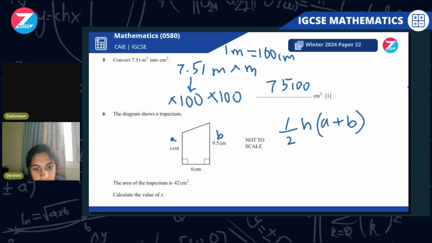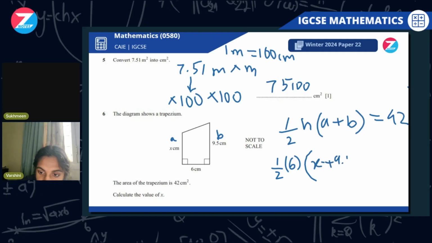We also know over here that the height is 6. So all we have to do is find the value of x. We know that this is going to be equal to 42. So we can say that half into 6 into a plus b, which is x plus 9.5, equals 42.